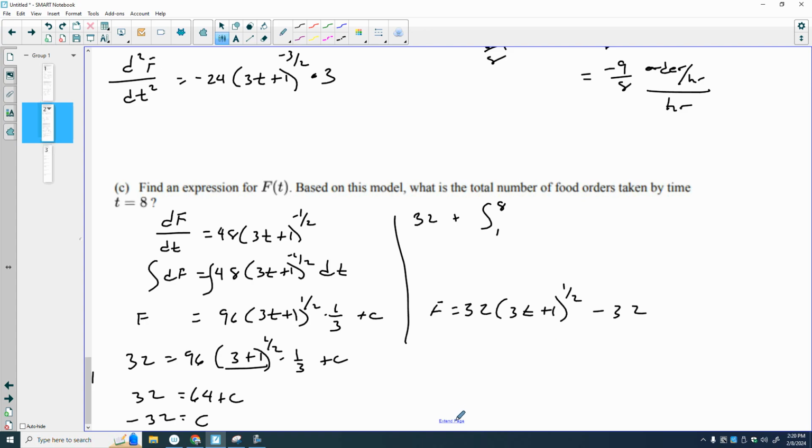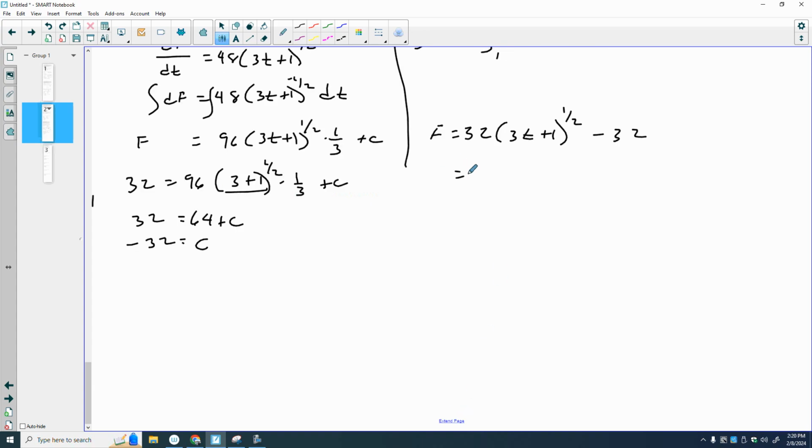Okay, now they wanted at time equal 8. So I'm going to go 32, plug in 8, and I get 24 plus 1 is 25. Square rooted is 5. This becomes 160. Minus 32 is 128.